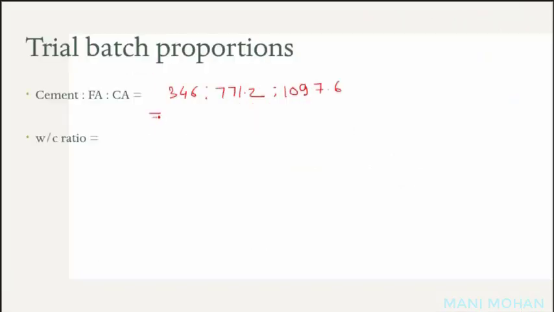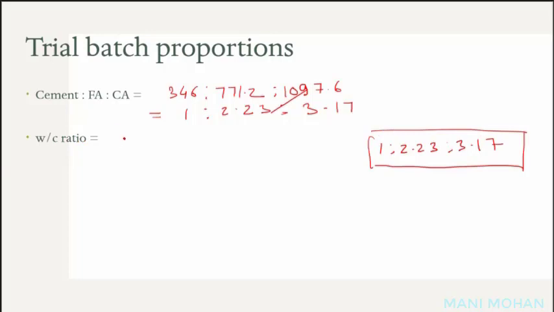So now for the trial batch proportion, we divide all these values by 346, and we get 1 is to 2.23 is to 3.17. So the proportion is 1 is to 2.23 is to 3.17. Let me write it: 1 is to 2.23 is to 3.17.